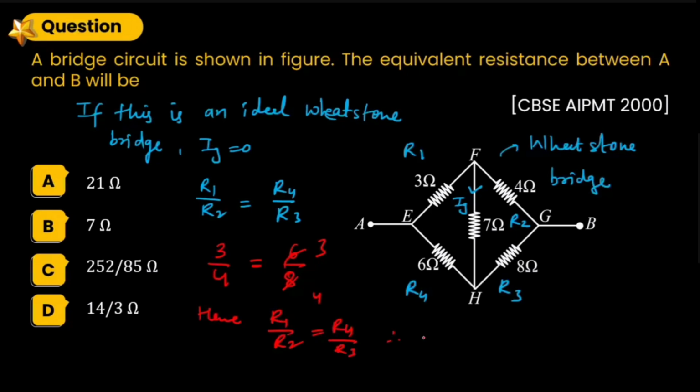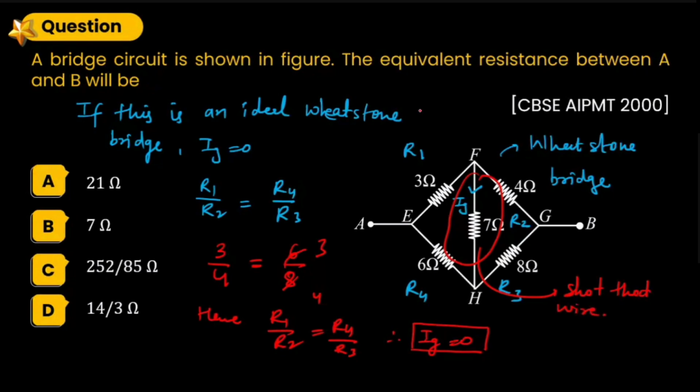Therefore, Ig is going to be 0. So if Ig is going to be 0, you can actually short that wire, and the circuit looks like this.